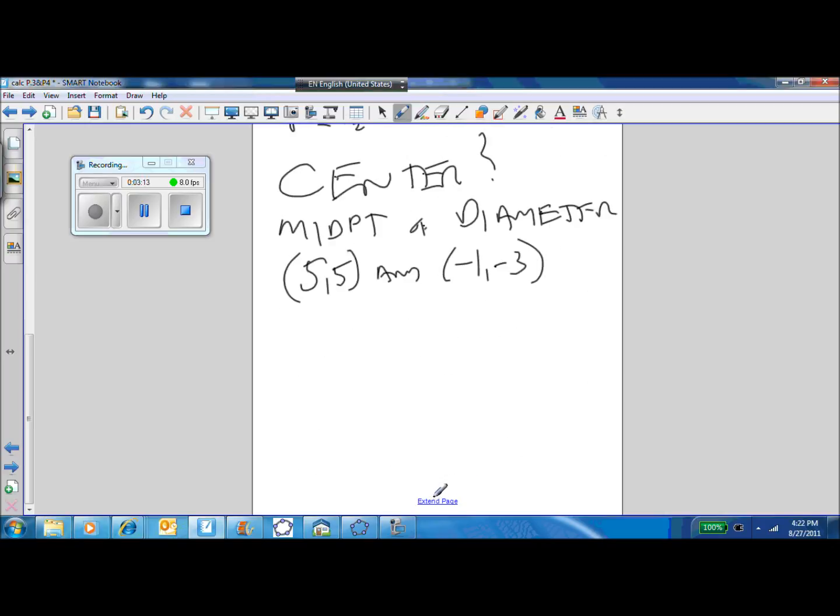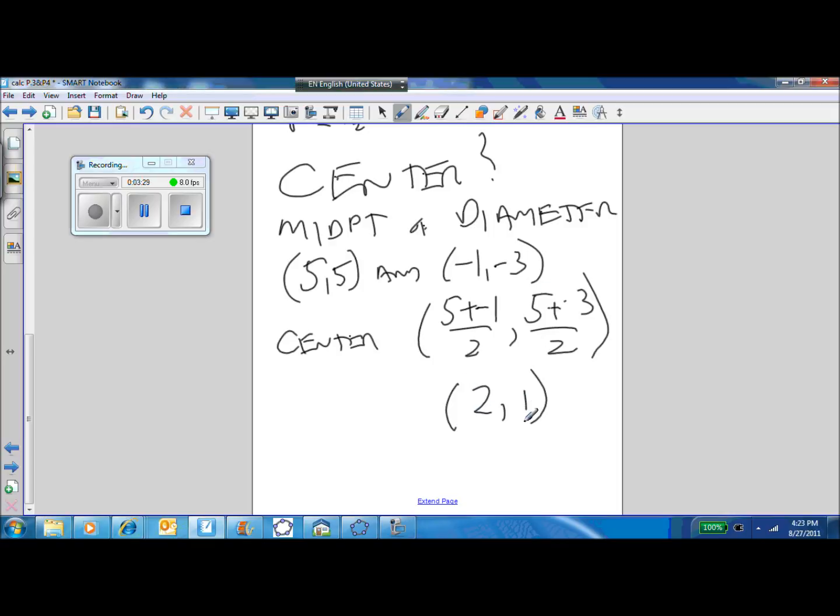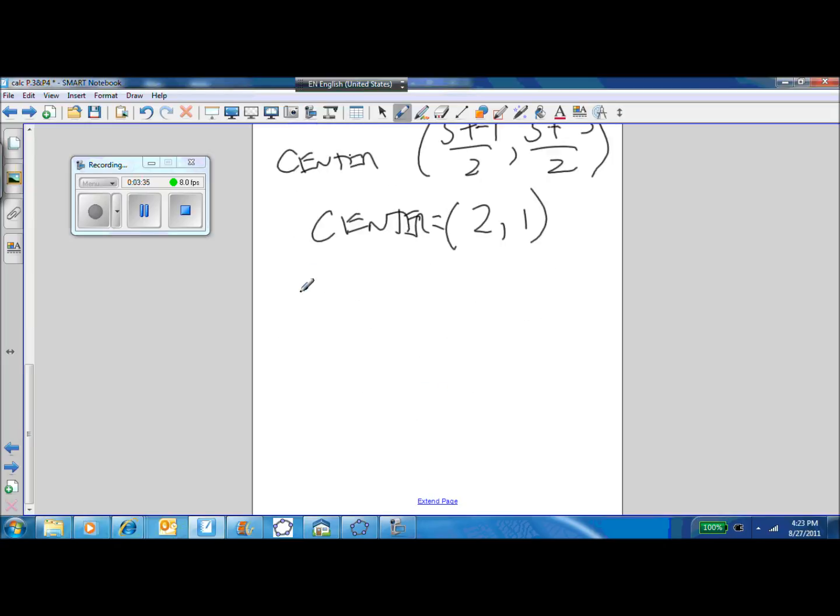And so the midpoint, the center, is going to be at (5 plus negative 1) divided by 2, the average of the x-coordinates, and (5 plus negative 3) divided by 2, the average of the y-coordinates, and you get (2, 1). So there's your center. Now you've got both center and radius, so you can write the equation of the circle.